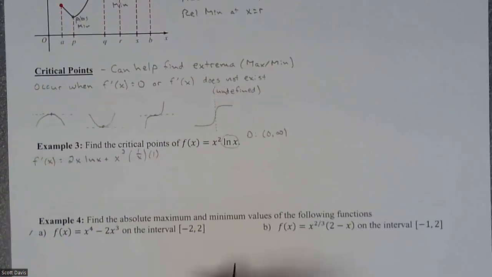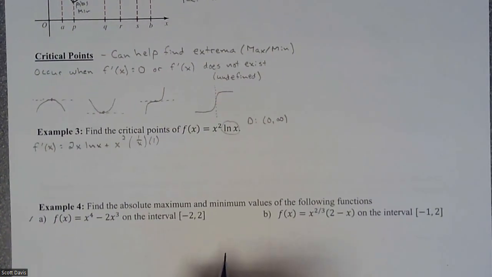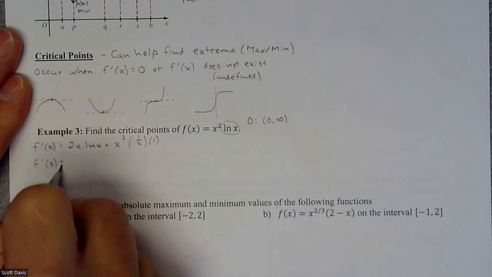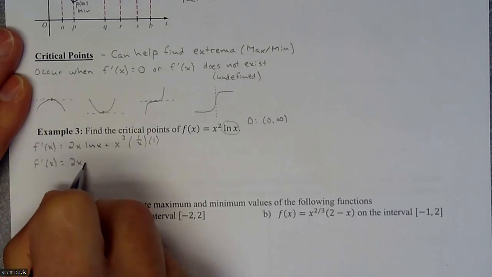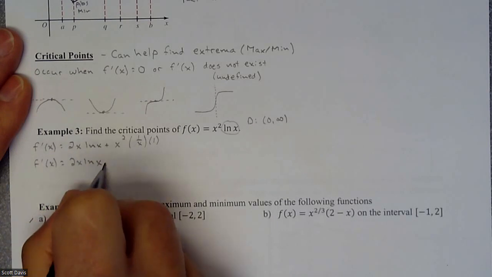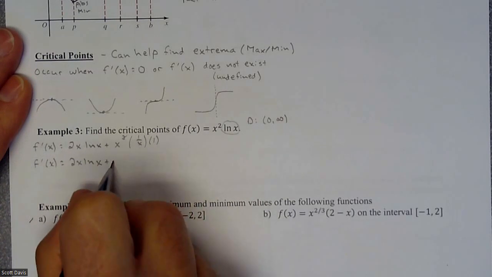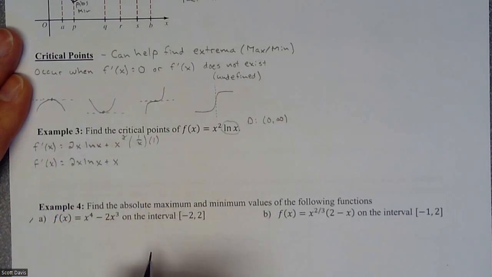So we have a chain rule always on that. If we do a little simplifying, the derivative equals 2x natural log x plus that x can cancel one of those x's, and so we would just have an x.